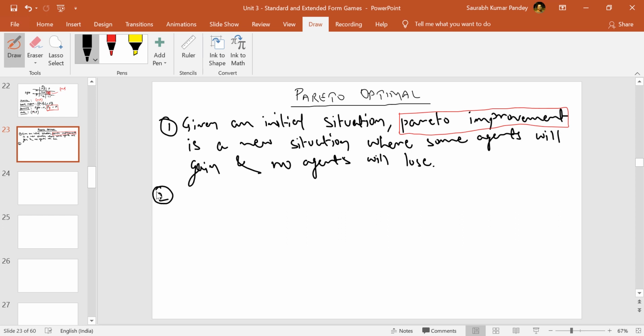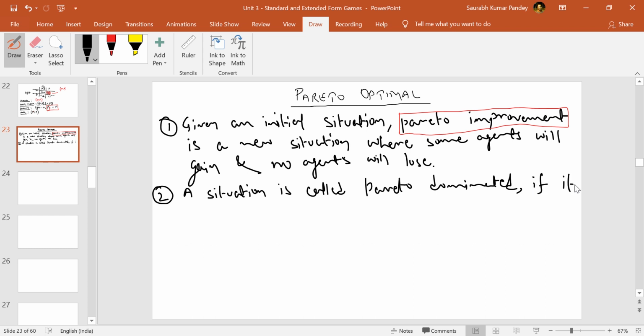The second point, in terms of Pareto optimality, says that you may call a situation Pareto dominated when it has a Pareto improvement.